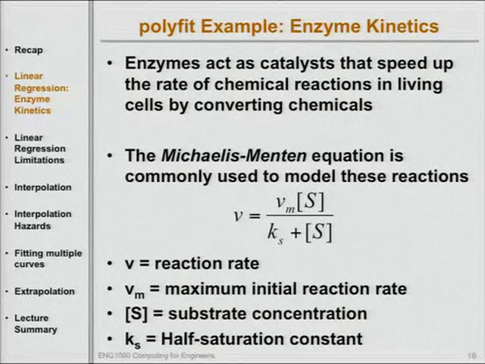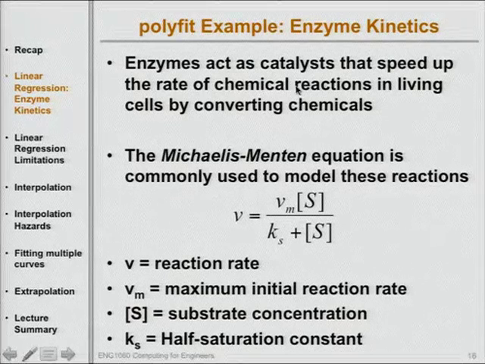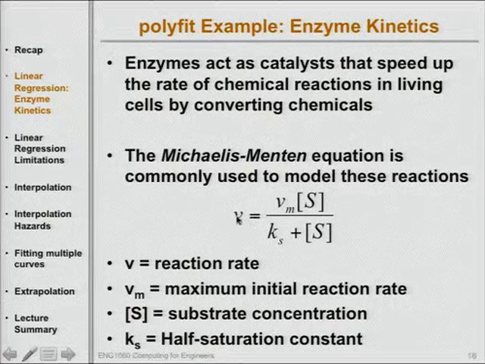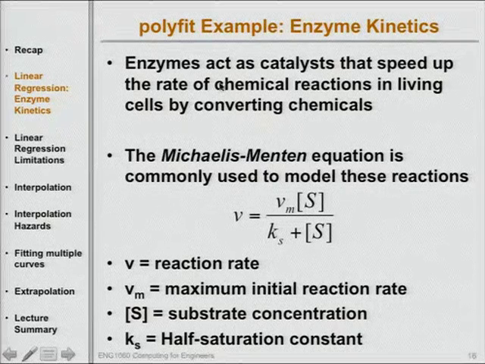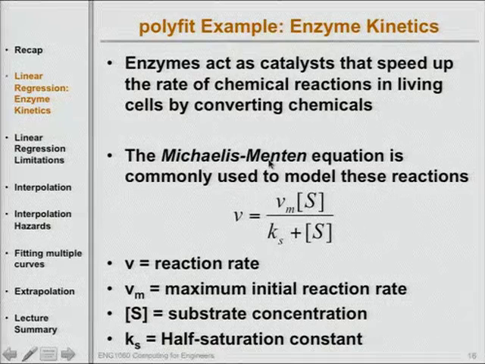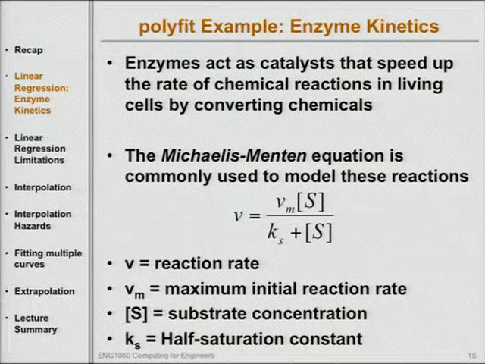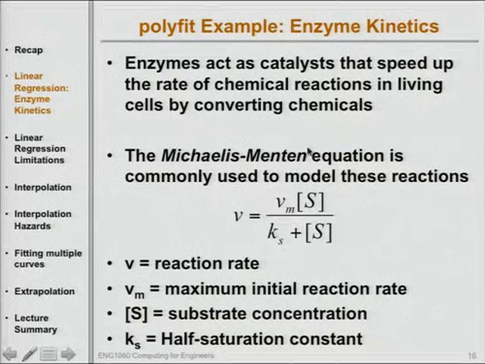We've got just a little bit of time to maybe go through this first example quickly. I mentioned before that one of the models we're looking at looks like y equals some constant times x divided by some constant plus x. This is an example of an equation called the Michaelis-Menten equation, which is commonly used to model enzymatic reactions, sometimes in living cells, in chemical reactors.